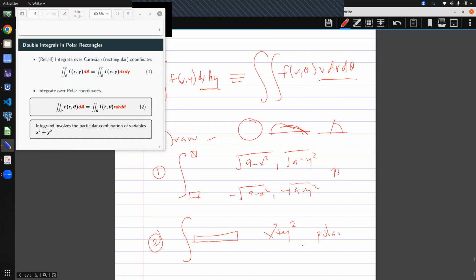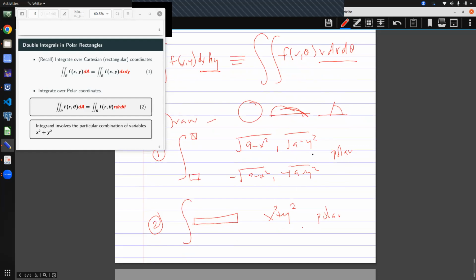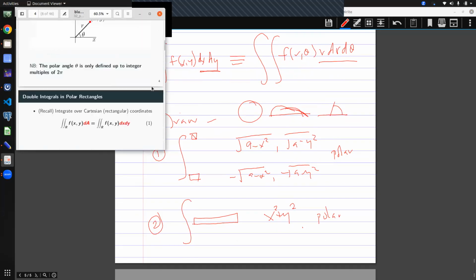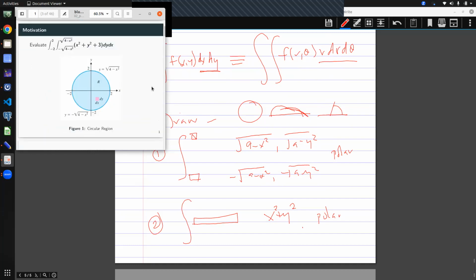These are the things to look out for if you can't draw, in any given question under double integrals. And so that leads us to our main question we're trying to solve. How do we find the solution to that? I'll go back to my motivation, which was a circle.